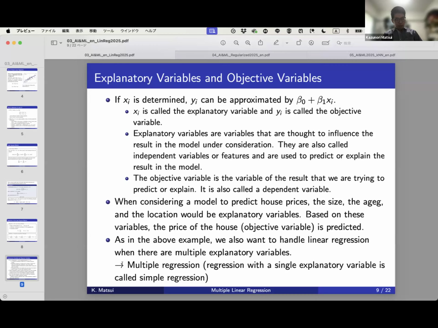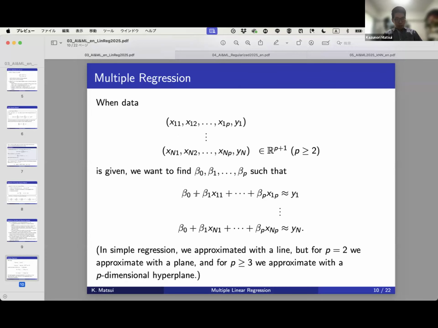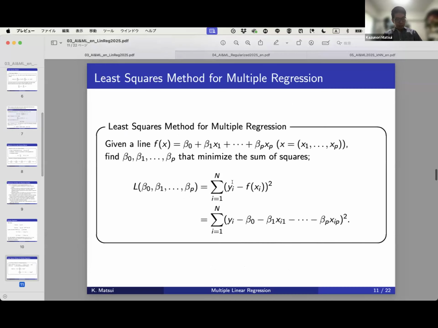And we wanted to approximate y using a calculation with beta 0 through beta p. The calculation method was still the least square method, where we wanted to find beta 0 through beta p that minimize the sum of squares of the differences between predicted values and actual values.